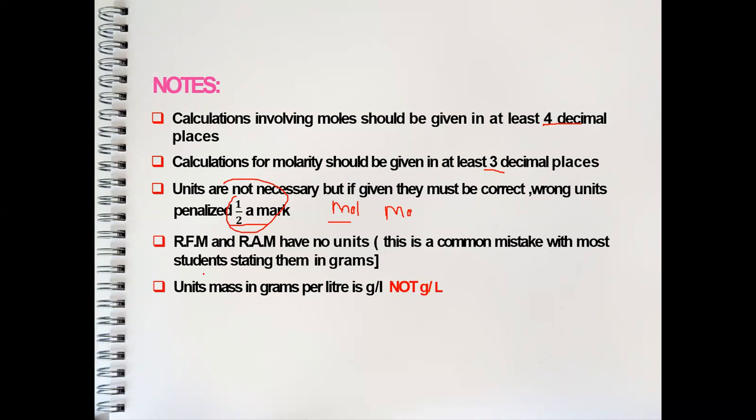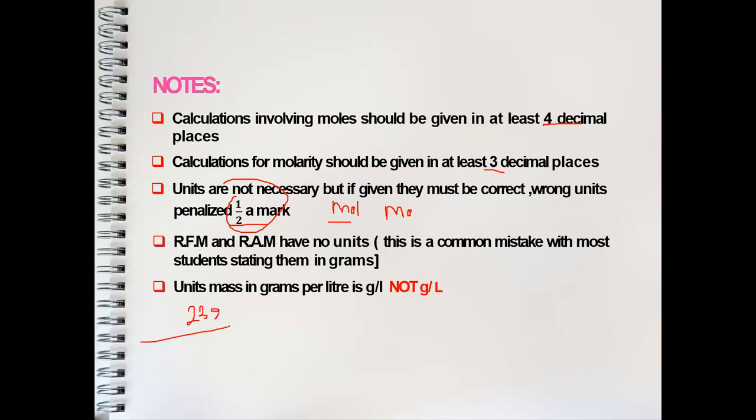RFM and RMM have no units, and this is a common mistake with most students, stating in grams. Maybe if you're told to get the relative atomic mass of sodium, then you come and write sodium 23, then you write grams.